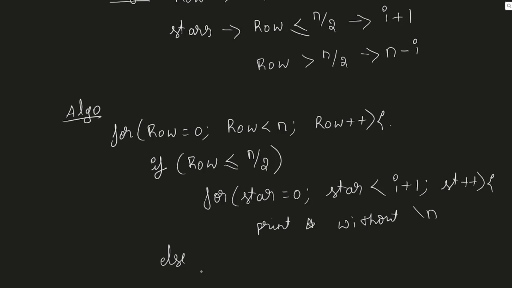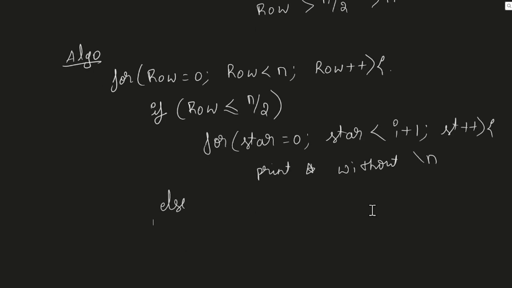If row is greater than n by 2, we can have a separate for loop to print the stars. This starts from 0, goes till n minus I and gets incremented.